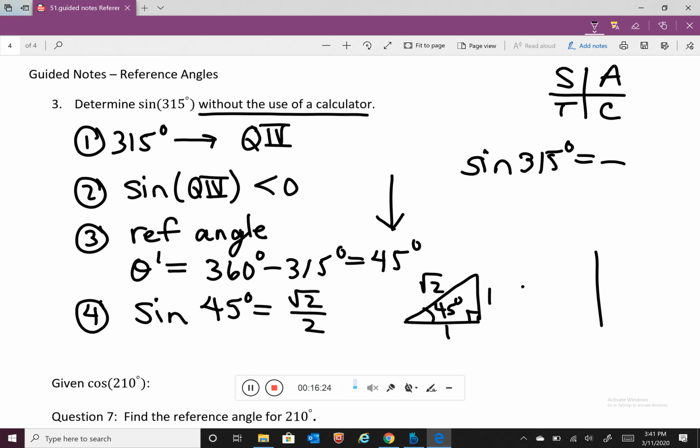But remember, we're in quadrant 4, so this is actually our angle, and this is our reference angle of 45 degrees. This is a positive one, but this is a negative one. This is still a positive radical 2. And so that is why our answer is negative radical 2 over 2.